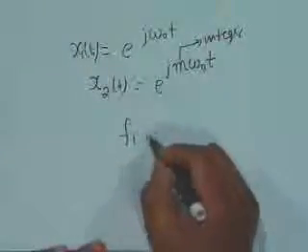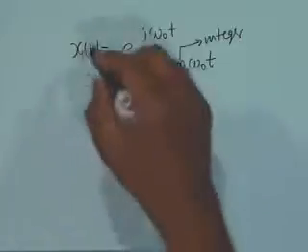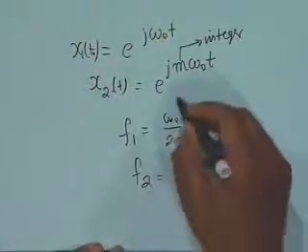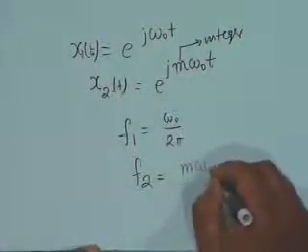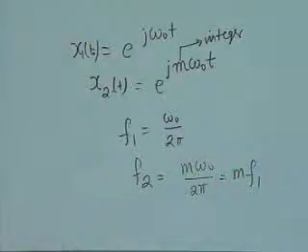For example, f1, the frequency of x1 of t, is omega 0 by 2 pi, and f2, the frequency of the second signal, is simply m omega 0 by 2 pi, which is equal to m times f1.